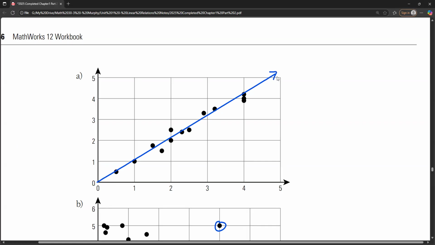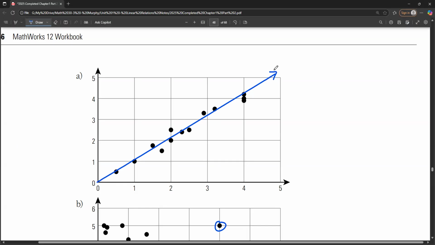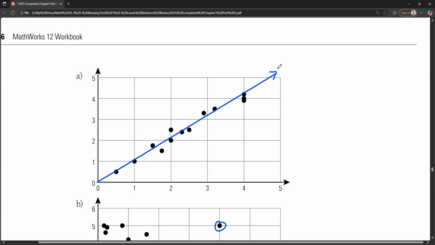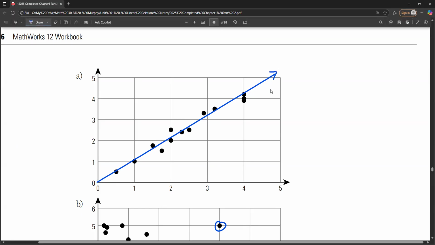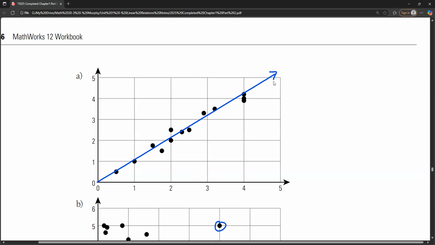So you've got a direct linear relation, starting at 0 and 0. It's positive because it moves up left to right. The points are quite close together, so we would say this is a strong correlation. Whatever they're comparing seems to follow a particular pattern. And there are no outliers. I don't see any random points scattered anywhere.